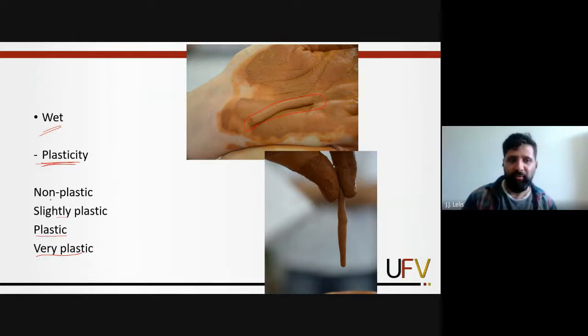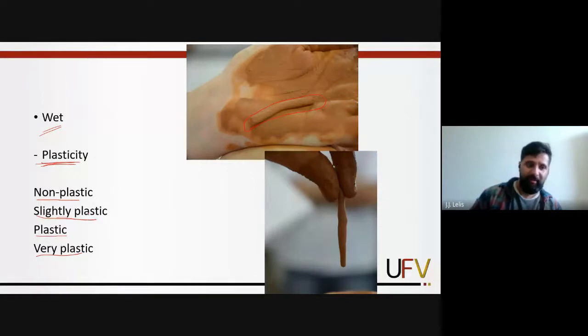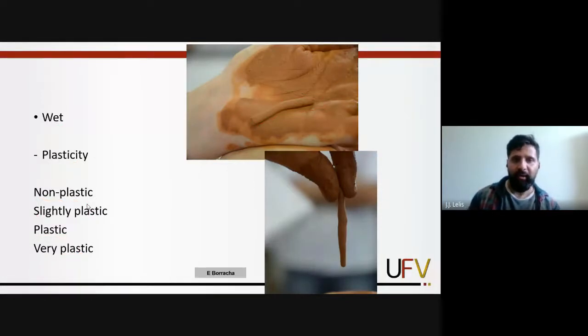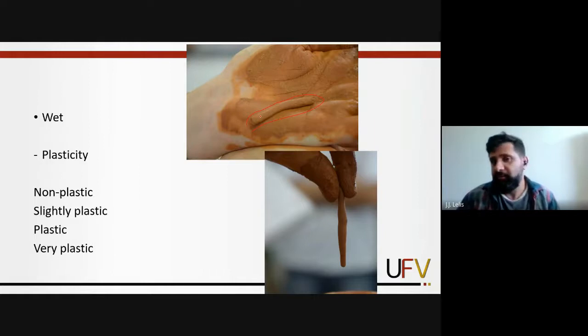And if I don't have a high interaction between the particles, I can have a non-plastic or even a slightly plastic one. So if I put a lot of water and I break all the material in my hand and I can't create this kind of tube because the soil is very sandy, I have a non-plastic consistency.